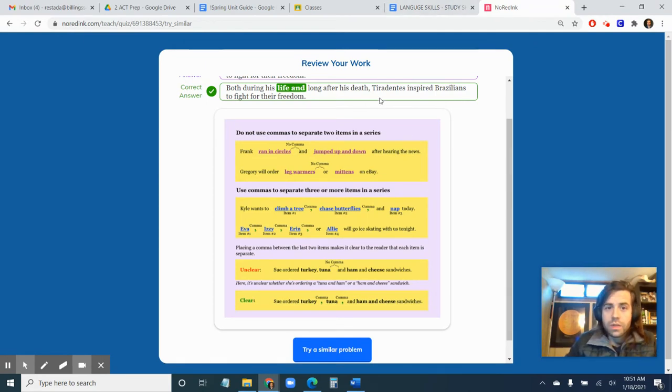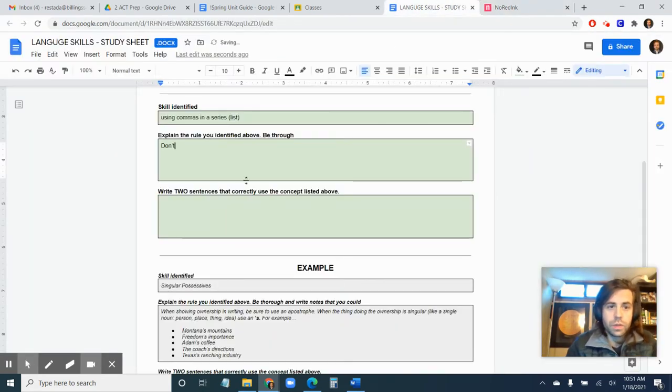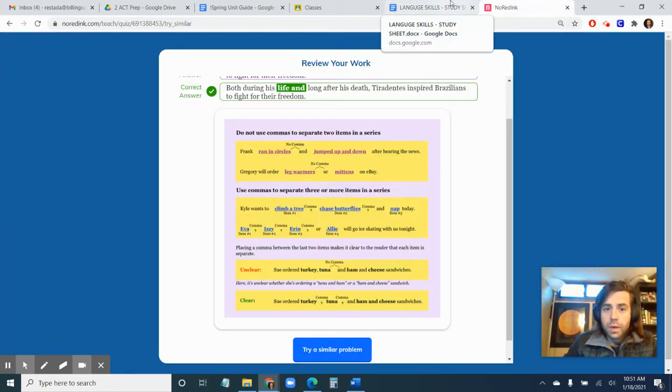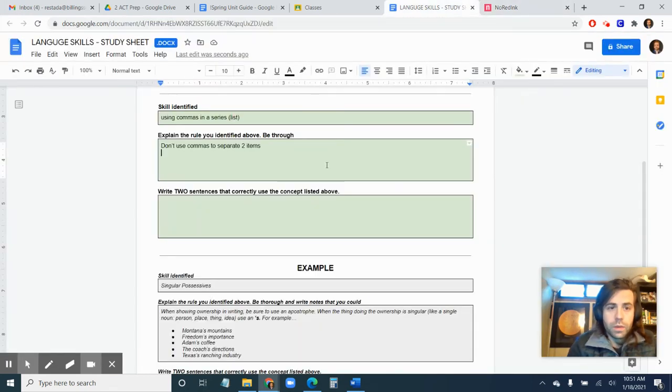Don't use commas to separate 2 items. I am going to use commas when I'm separating 3 or more items. Cool. Use a comma to separate 3 or more items in a list. Spell items right. Cool.